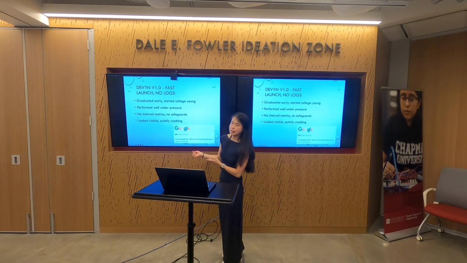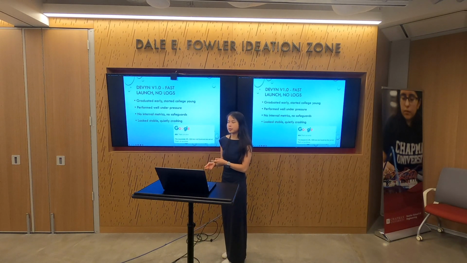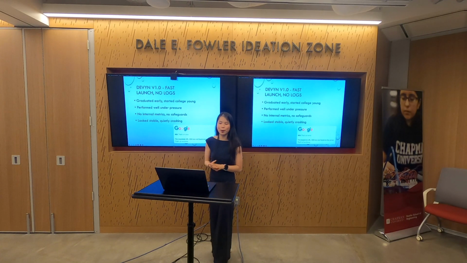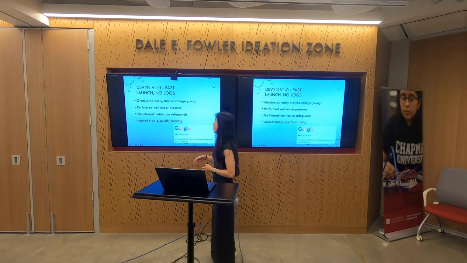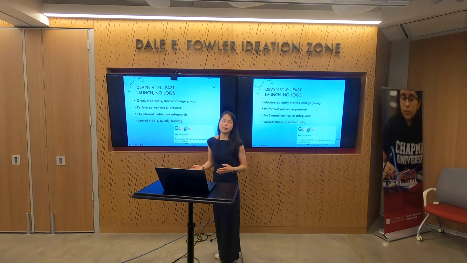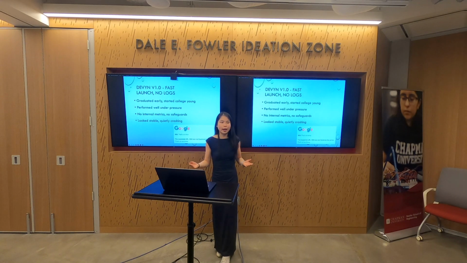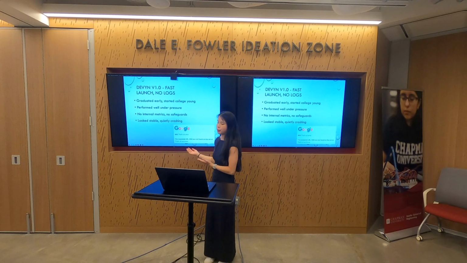When I was 16, I graduated high school and essentially shipped my Devyn 1.0, version 1.0. From the outside, I had a strong GPA and was involved in things like leadership, but nobody saw my brittle internal state. There was no margin for error and there was no observability. I didn't monitor my emotions.